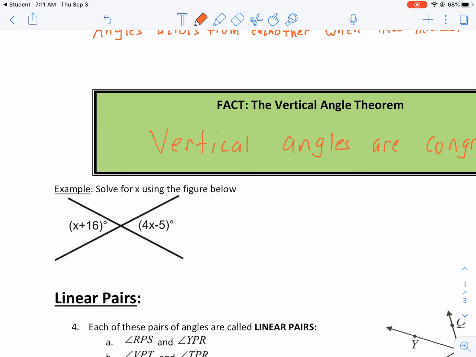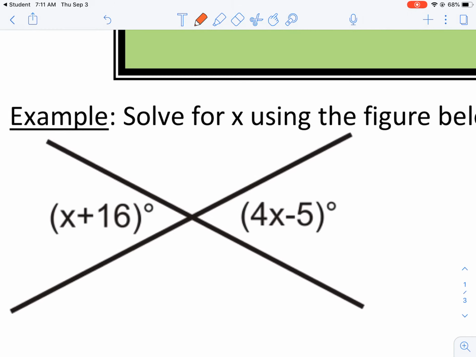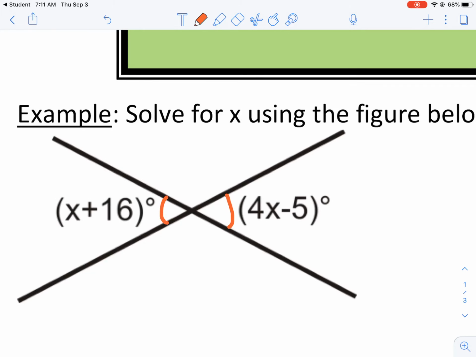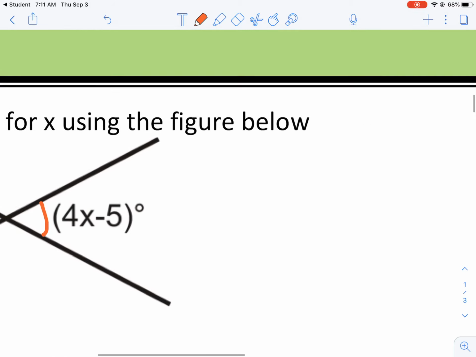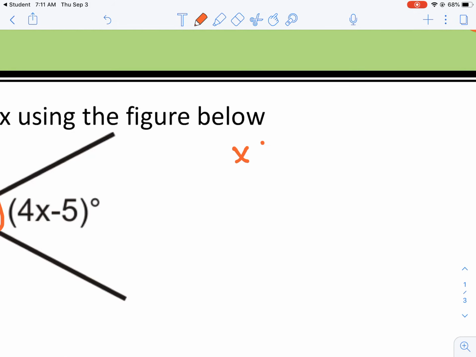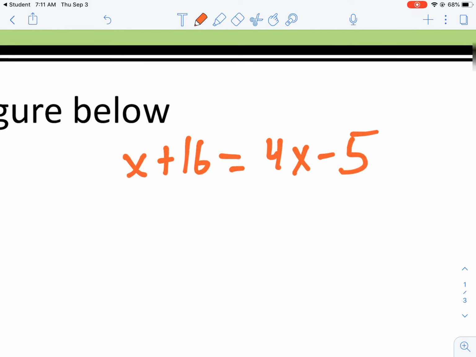We're going to do an example here. Solve for x using the figure below. Again, these angles are across from each other. I always say they kind of make a bow tie. Since they're across from each other, we know they're equal to each other. So we write an equation where we set them equal to each other and solve that equation.